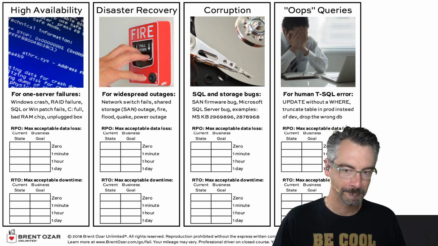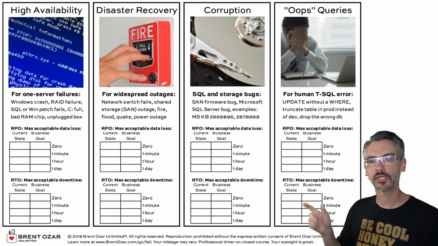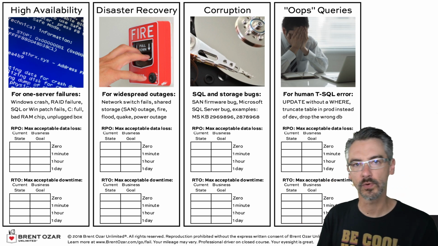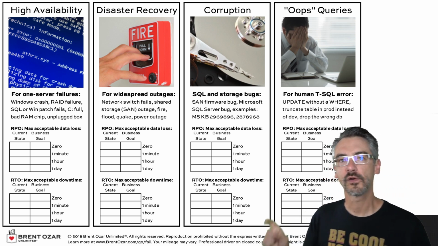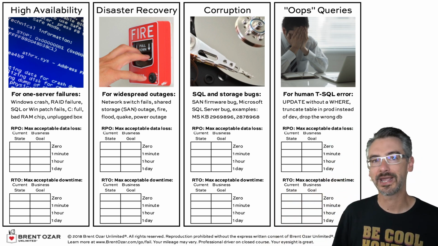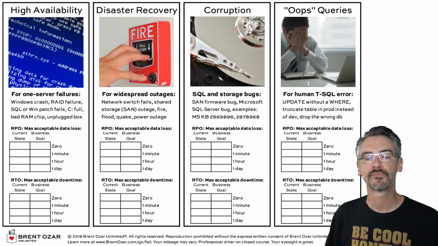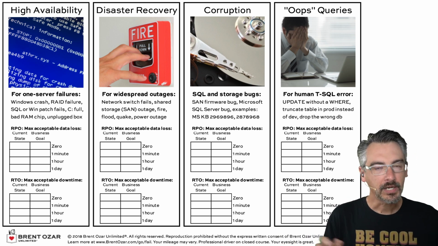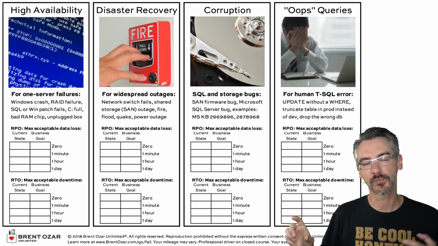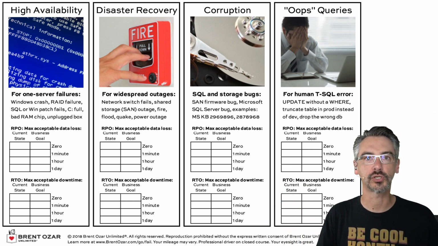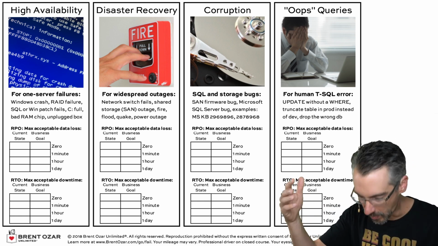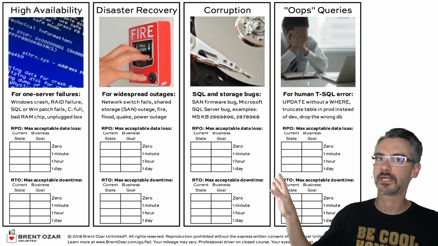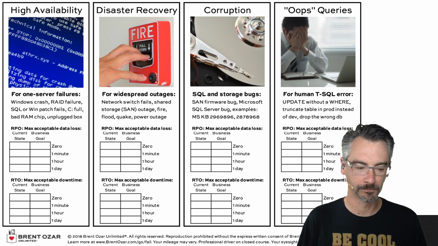It says, for each of these four situations, high availability, disaster recovery, corruption, and oops queries, how much data are you willing to lose and how long are you willing to be down for? I'm not going to cover the details of that in this presentation. I have a whole separate session just on RPO and RTO, recovery point objective and recovery time objective, and we dig way deeper into that in the mastering classes.